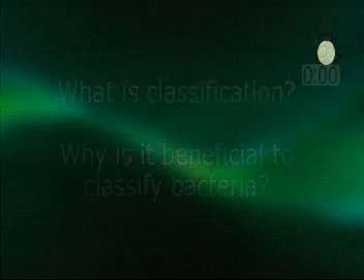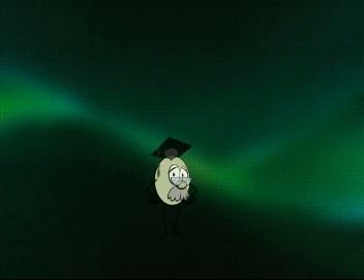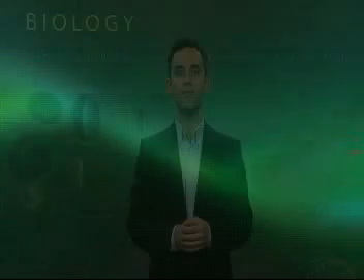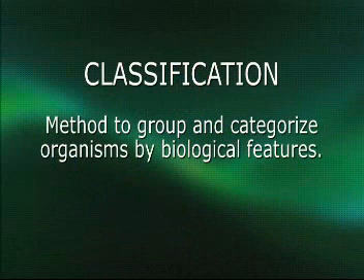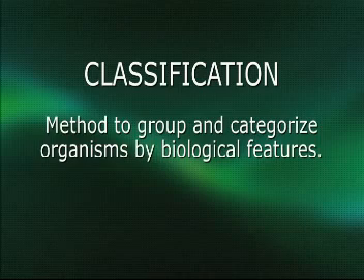Time's up. Let's get back to our lesson. Welcome back, everyone. I am sure you had some interesting ideas. Classification is a method that scientists use to group and categorize organisms by biological features.